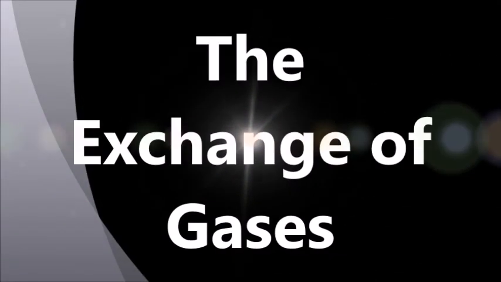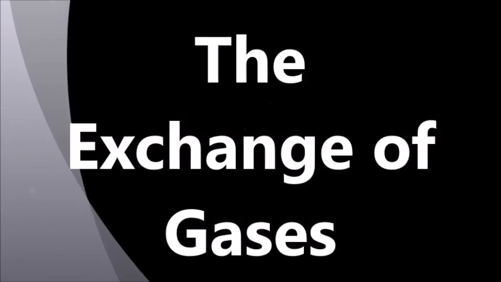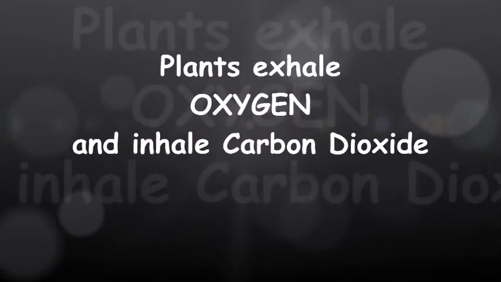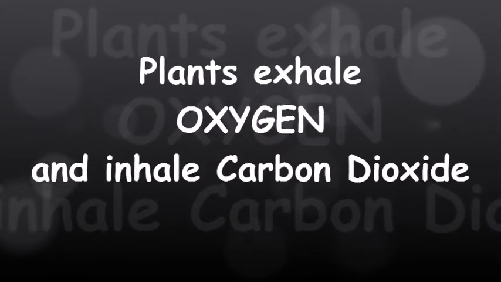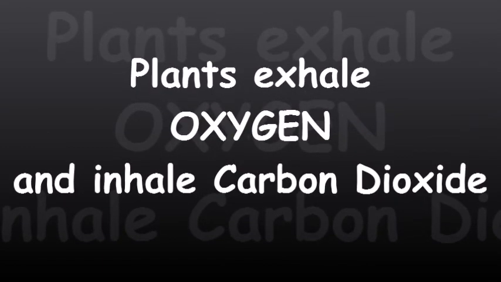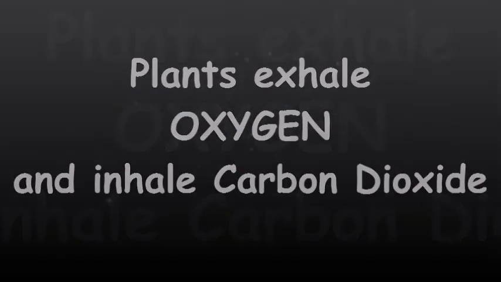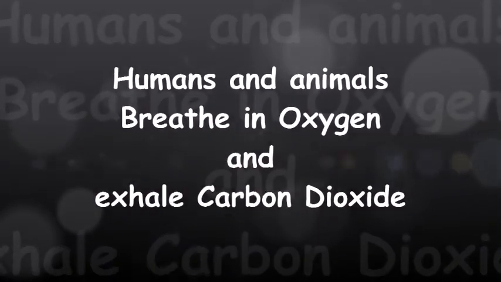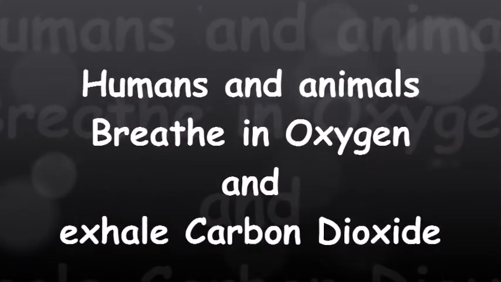So, what is the oxygen balance? Or, to put it more concisely, the exchange of gases, balance of gases, whichever way you want to put it. Well, basically, it boils down in simple terms to the fact that plants give out oxygen, they take in carbon dioxide, whereas humans and animals breathe in oxygen and they exhale carbon dioxide.